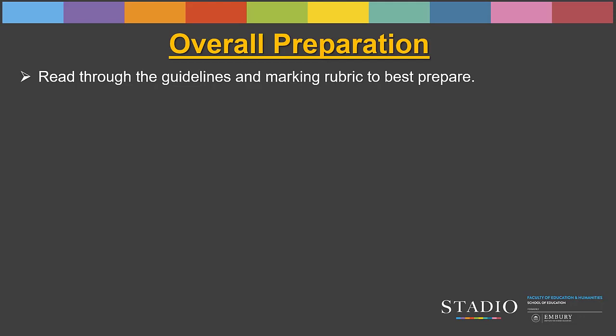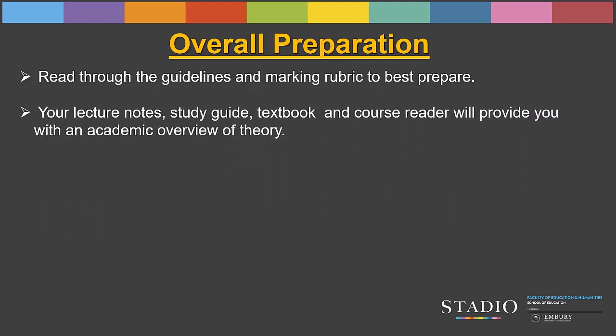The second thing is obviously your lecture notes, study guide, textbook, and of course your course reader will provide you with an overview of the theory that you require. Your course reader is particularly important with Bronfenbrenner's theory, as I'm sure you have picked up by now that your textbook does not cover Bronfenbrenner's theory.